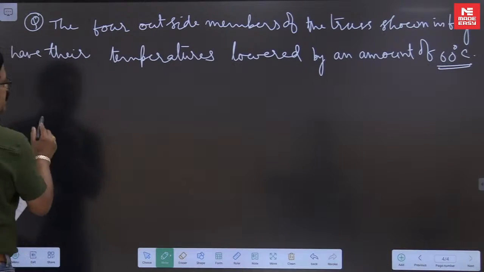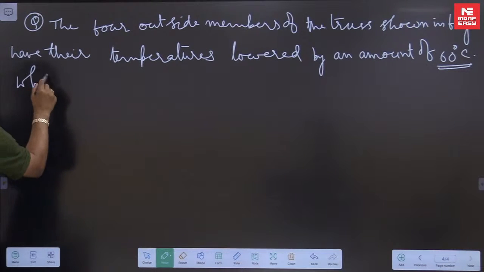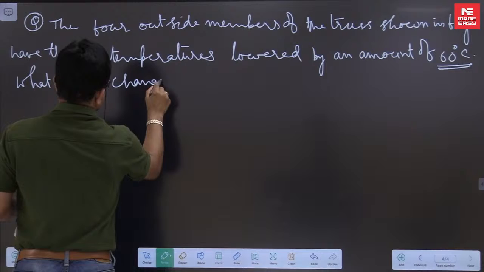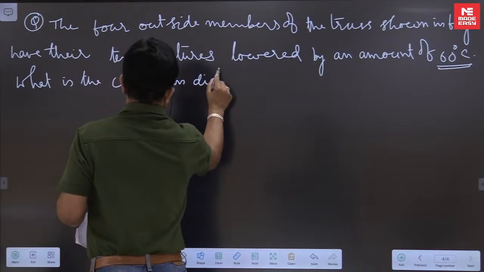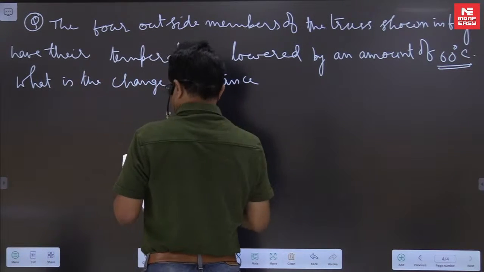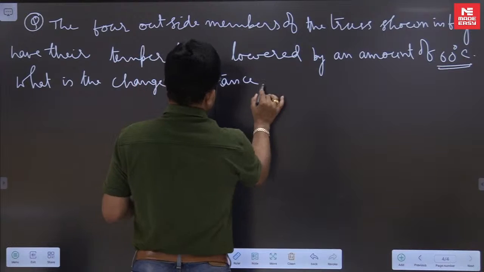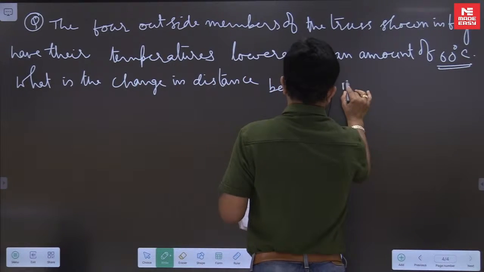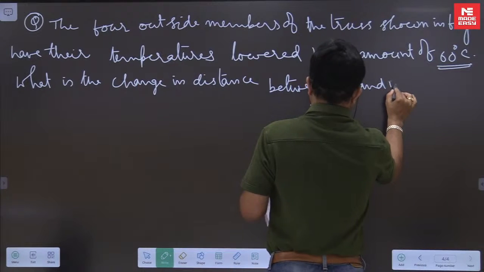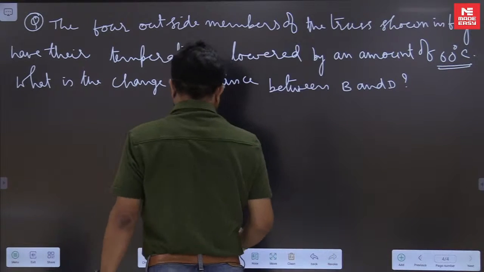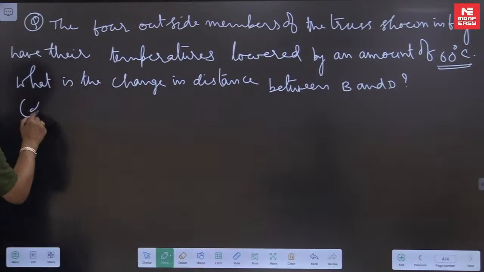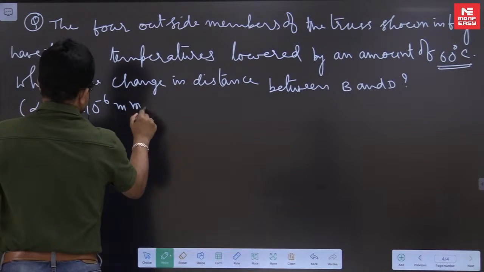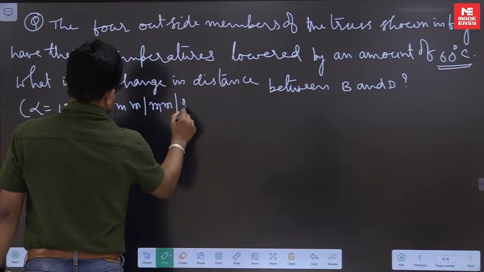What is the change in distance between B and D? Take alpha as 12 into 10 to the power of minus 6 per degree centigrade.